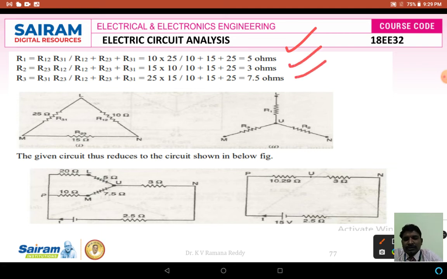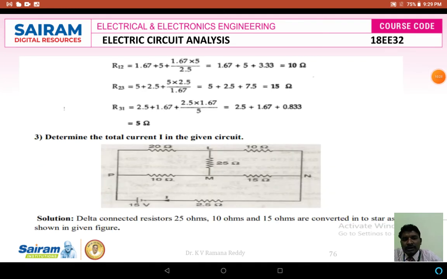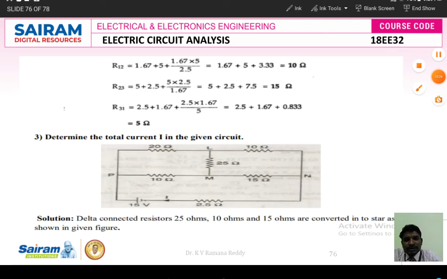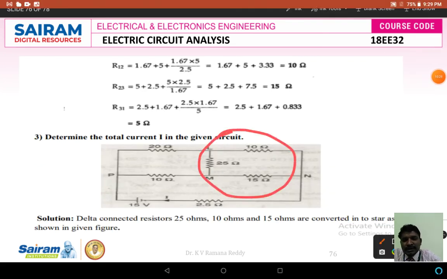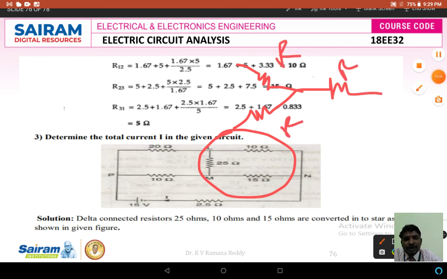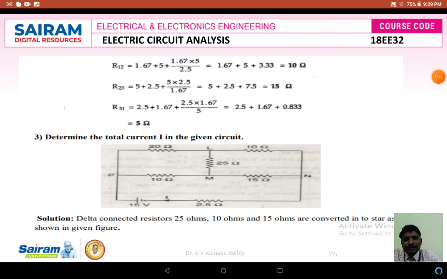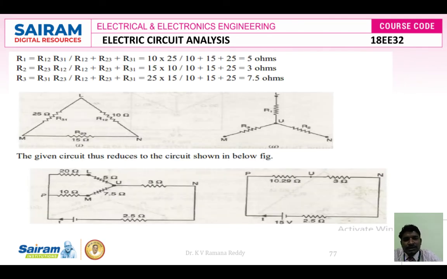Now these suitable star values I am connecting to the previous problem that was given here. Here I am going to replace these three elements with a star network like this. So I substitute the value here, here, and here, and I get the answers like this.